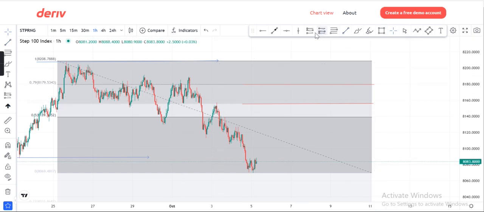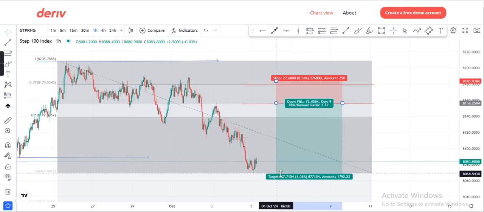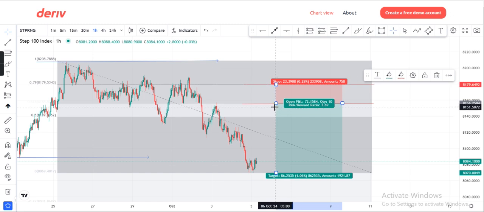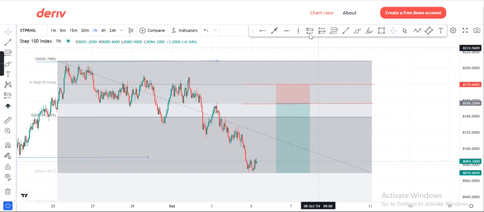So basically, the market gets into this area, this is how we are taking our trade. Our stop loss would be here on this first entry, and our take profit would be here.